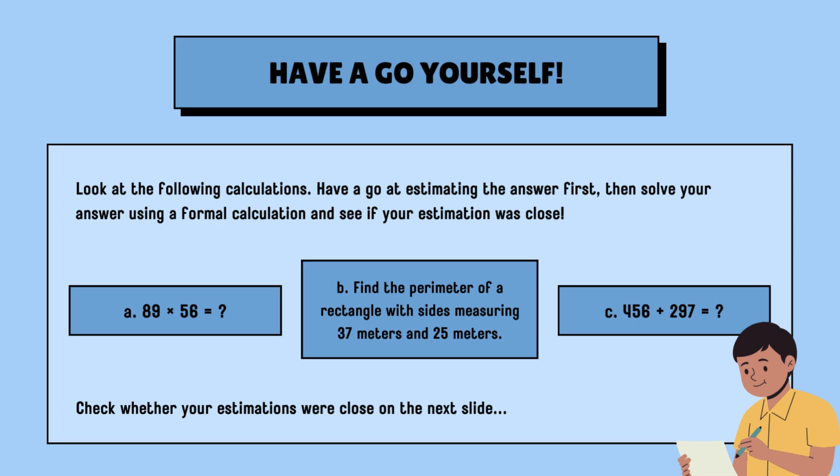And C is 456 plus 297. Check whether your estimation was close on the next slide. First, I want you to pause this video, do A, B, and C on your own, and then when you're done, go to the next slide, play the video again, and you can see if you understand estimation. I will give you time to pause quickly, and then we are going on.